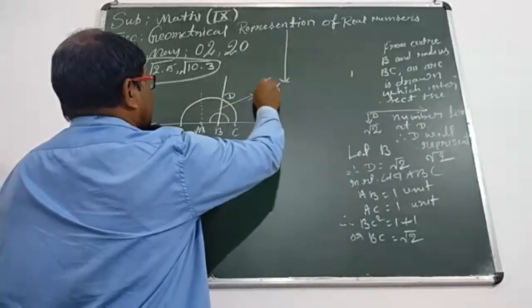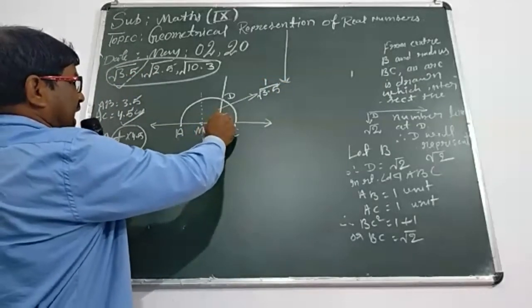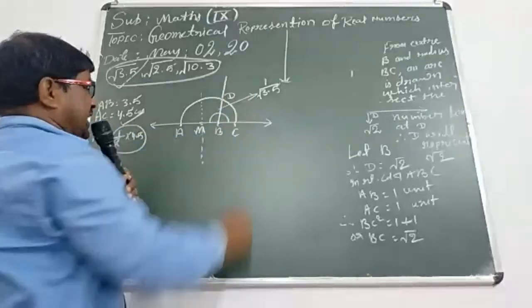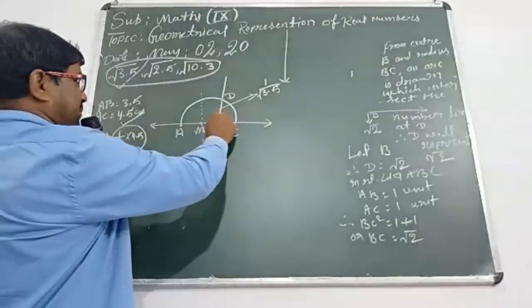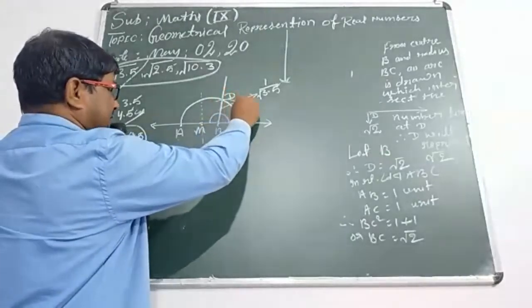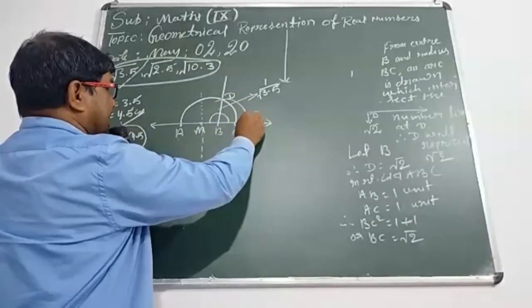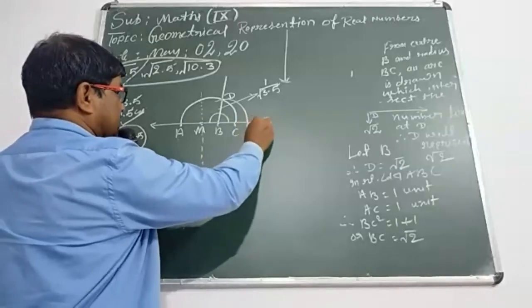Okay, now student, from center B and radius BD, we will draw a circular arc which will intersect the number line at a point. This point will be K.